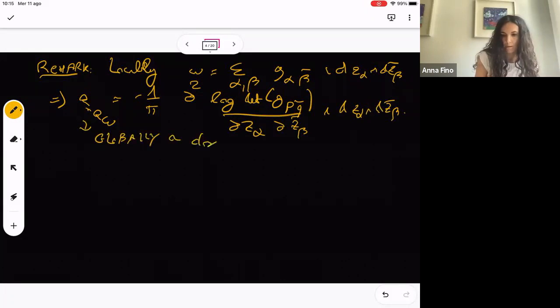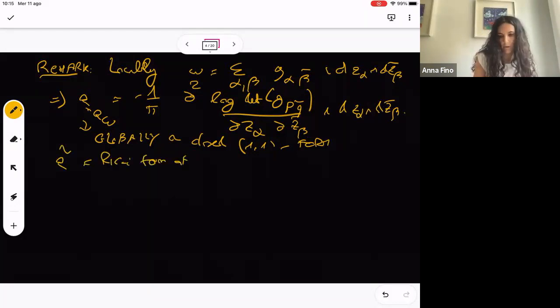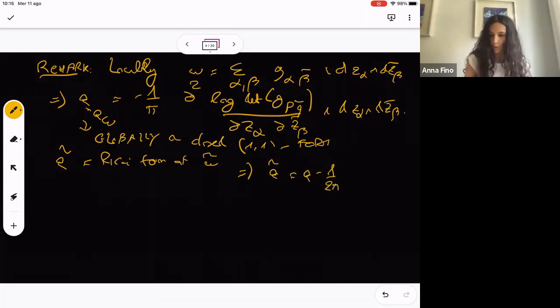It is a closed (1,1)-form, which represents the first Chern class, as we know. Okay, so if we write rho tilde as the Ricci form of omega tilde, the new Kähler form, then rho tilde is just rho minus 1/2 pi dd^c of a function.